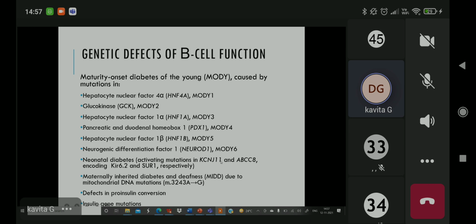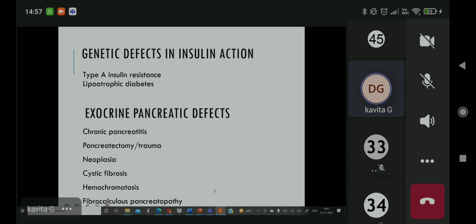Then you may have KCNJ11, ABCC8. These are all genes which you'll unfortunately have to remember. These are genes that are associated with the development of diabetes mellitus. Then there may be genetic defects in insulin action. There may be some. Now, this was just about the endocrine portion.